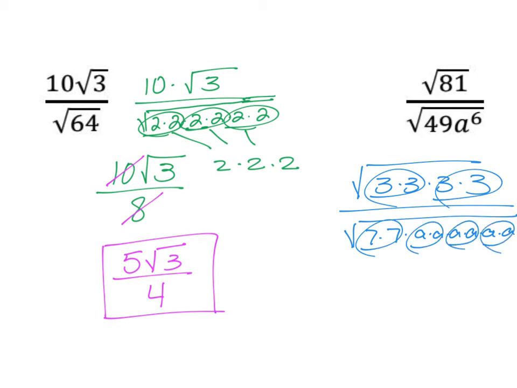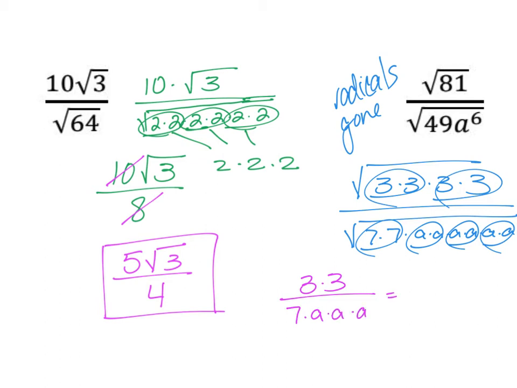If you notice, I was able to circle everything. So that means my radicals are gone. Which leaves me with, in my numerator, 3 times 3, and the denominator 7 times a times a times a. So that leaves me with 9 over 7a cubed.